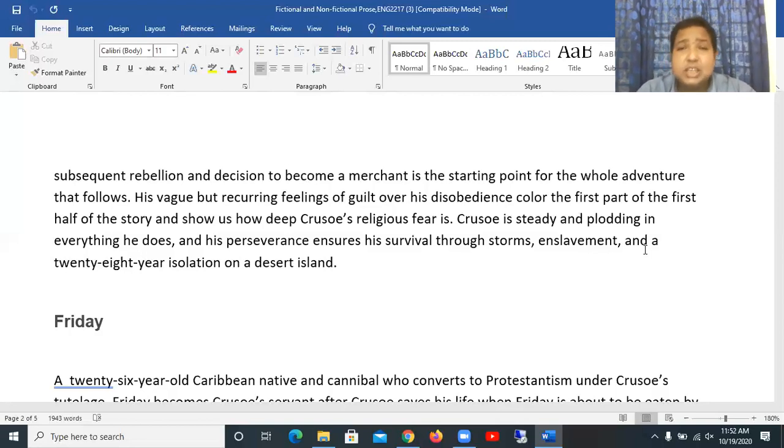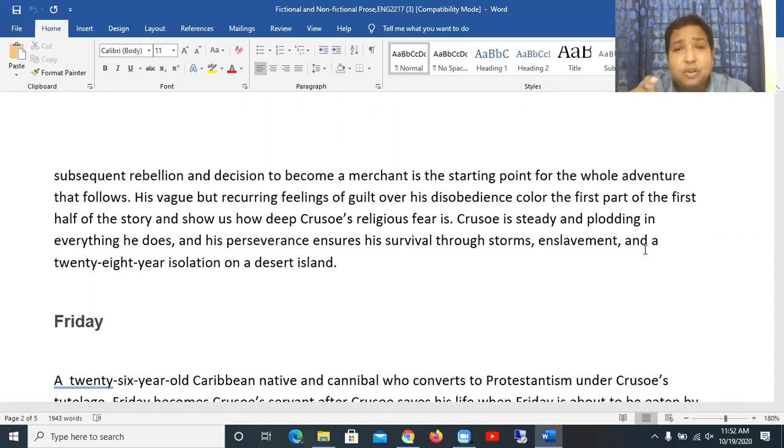So, yes, this is Robinson Crusoe. The novel itself is a miniature of colonialism, and also Crusoe is a symbol. Robinson Crusoe is a symbol for all human beings, that in any adverse situation, you have to stay calm.